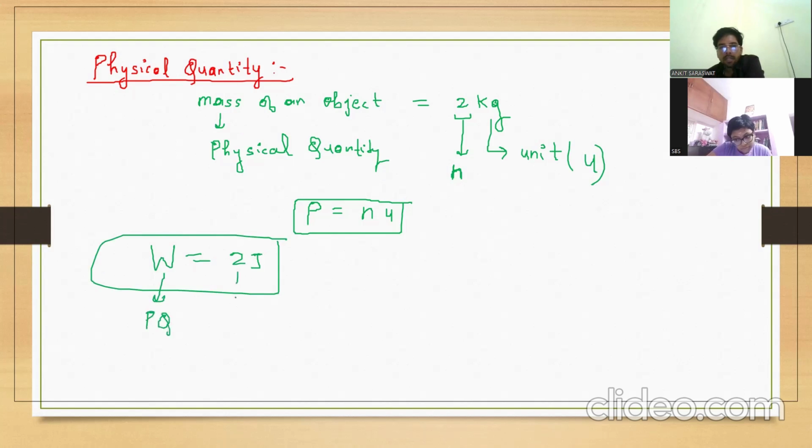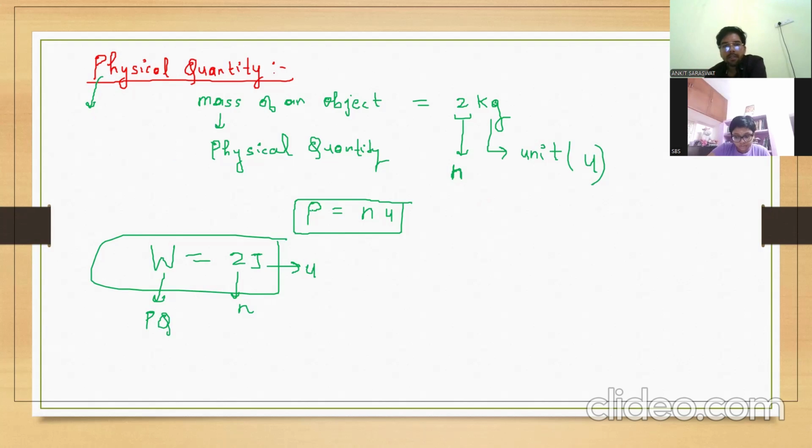2 is a magnitude, that is n. Joule is the unit. So physical quantity means any quantity which we can define simply, a quantity which we can define and calculate. Those quantities which are defined are known as physical quantities.